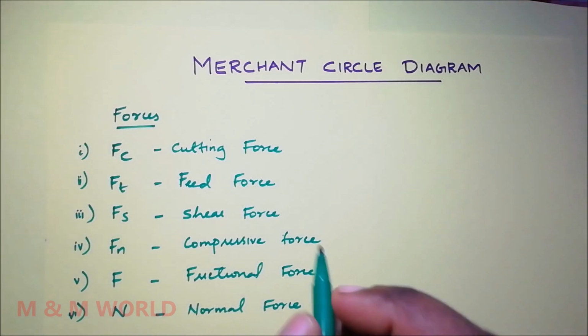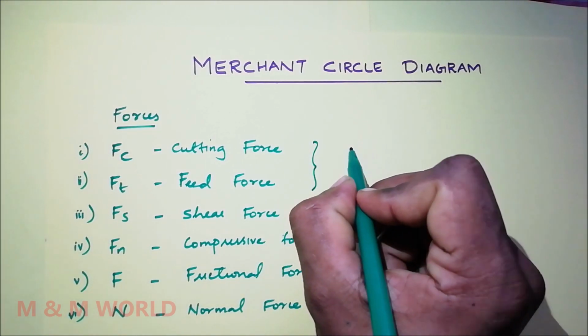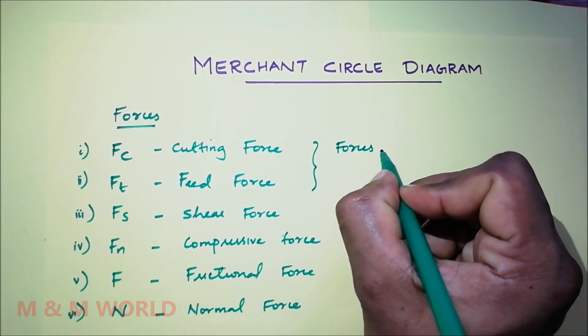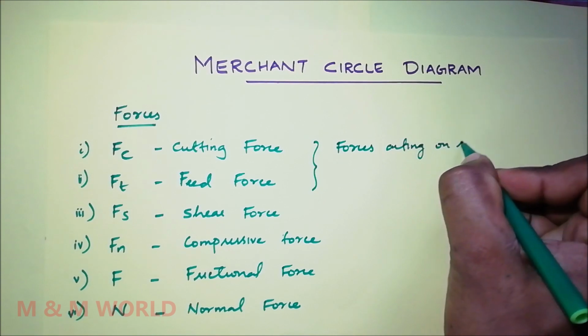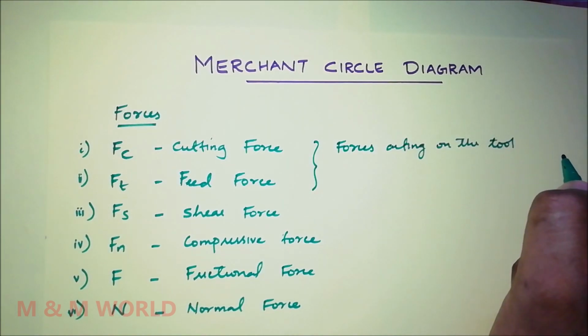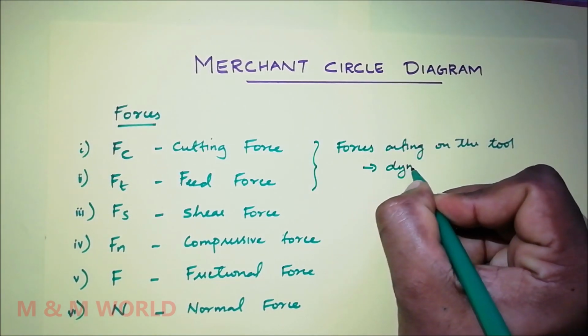So FC and FT are the forces acting on the tool, and they can be measured by a dynamometer.